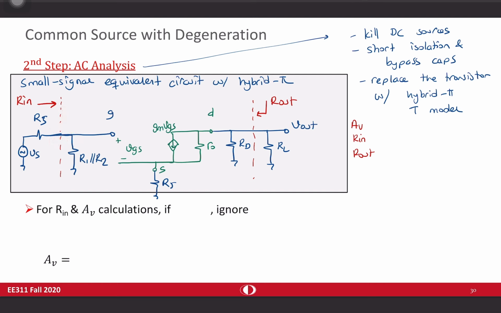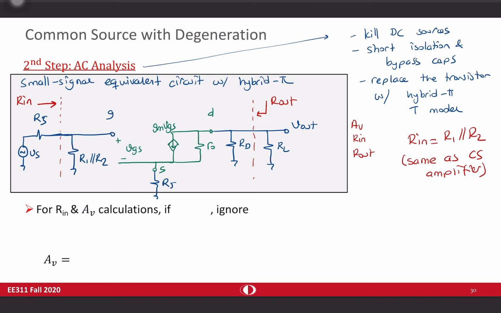But if you do that, you only see this R1 in parallel with R2. So Rin is equal to R1 in parallel with R2. Same as the common source amplifier. It didn't change significantly, or it didn't change at all.